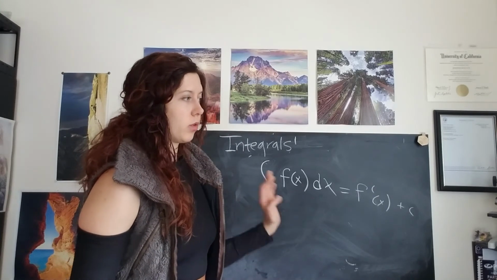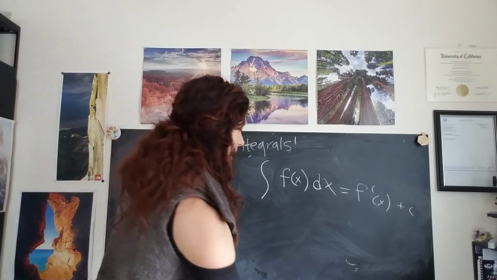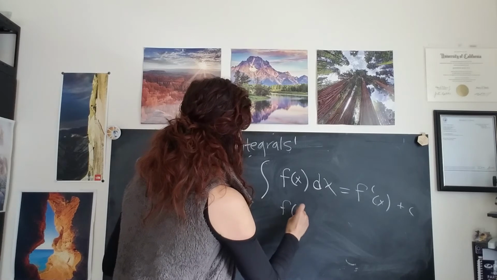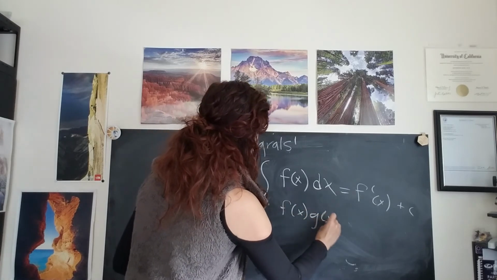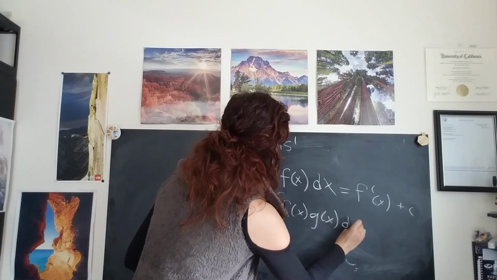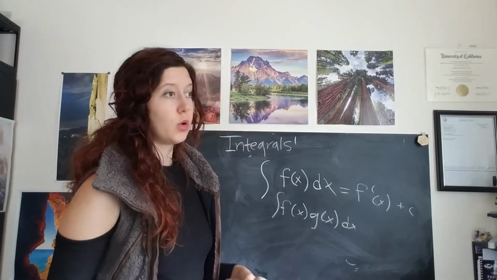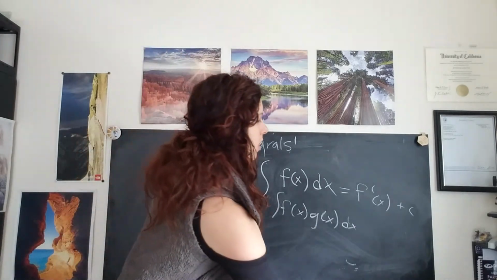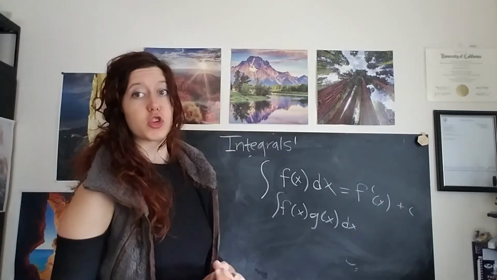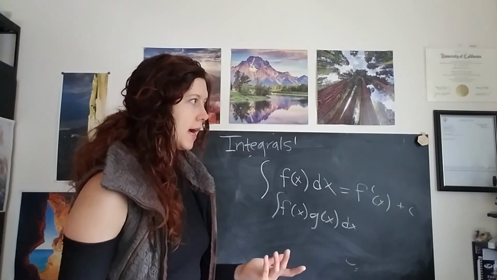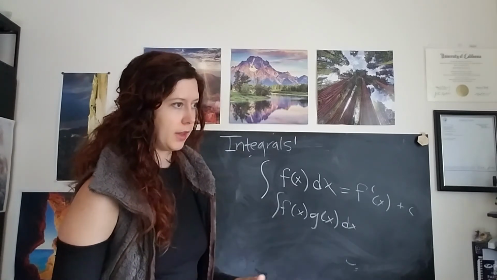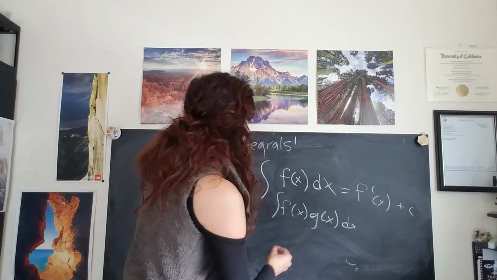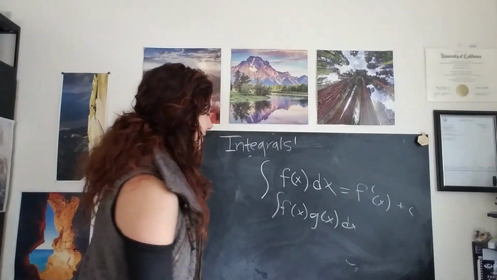It does get a little bit more complicated. So say, for example, you have a function f of x times a function g of x, dx. This you would need to do integration by parts to basically separate the two functions out. And that is a formula that you would memorize at a certain point. It's been a while since I've done this, so hold on.